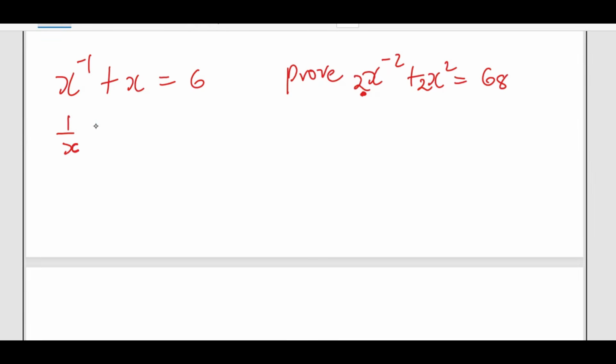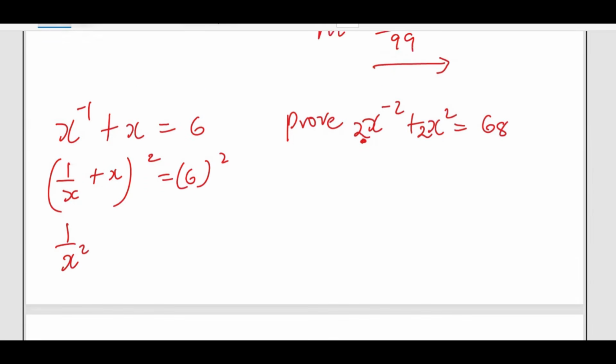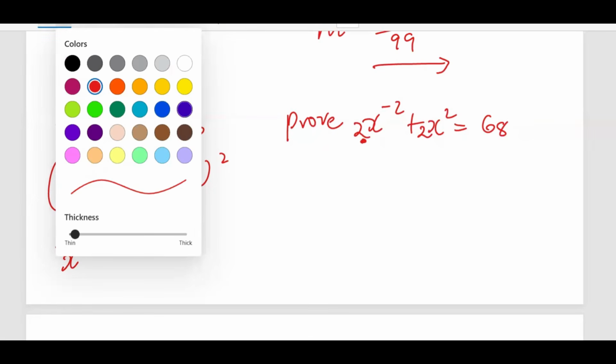So that's going to be 1 over x plus x. I'm squaring that, and this is a FOIL whereby I'll have the same bracket twice. So 1 over x times 1 over x is going to give me 1 over x squared. Grade 10s prefer seeing what we are doing.